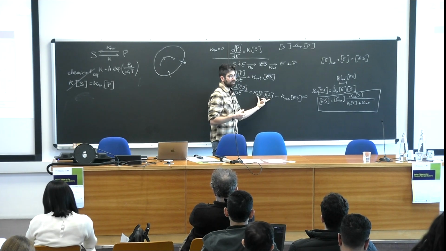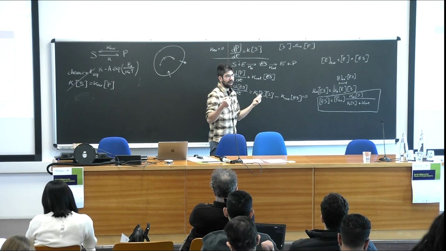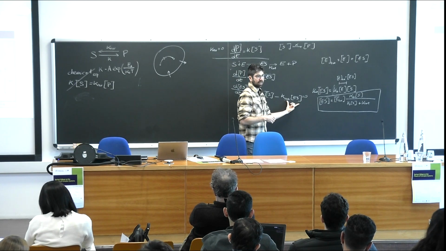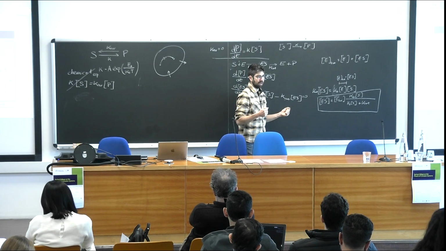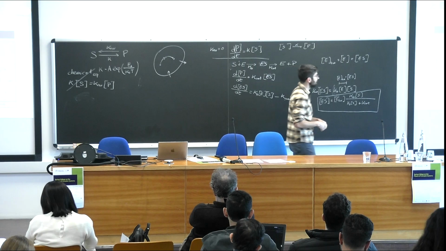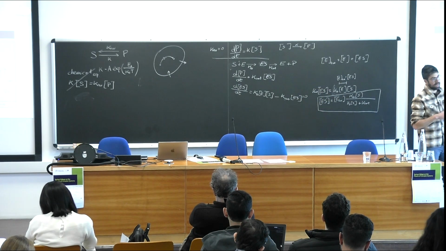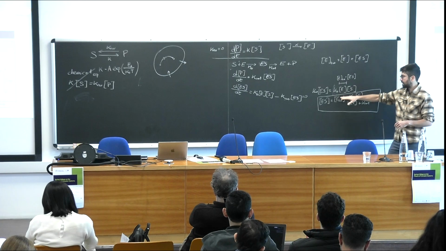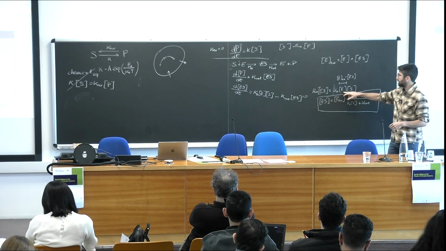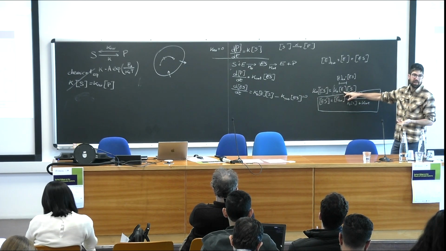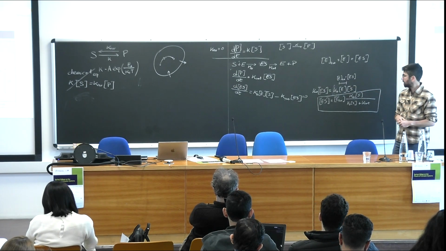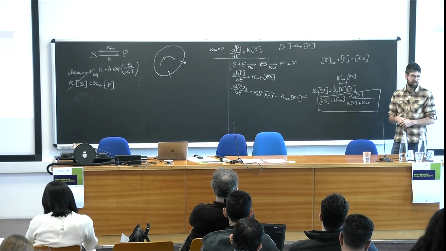One is the rate at which a free enzyme binds to the substrate, and the other one is when the catalysis occurs, when they unbind. Then I said, I'm keeping the total number of enzymes fixed, so I have this sum, and I set this equation to 0. I substitute the free enzymes as the total minus the ones that are bound. I solve and I get this expression, okay?